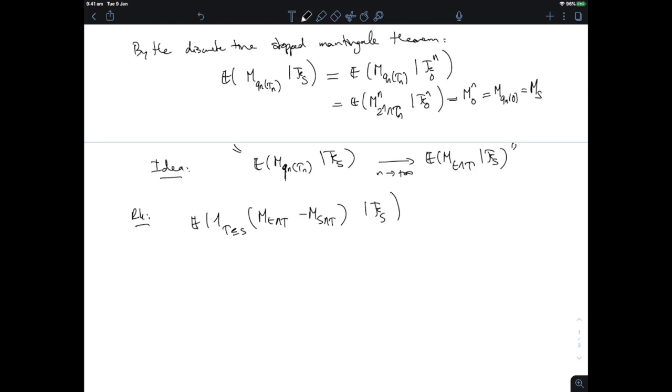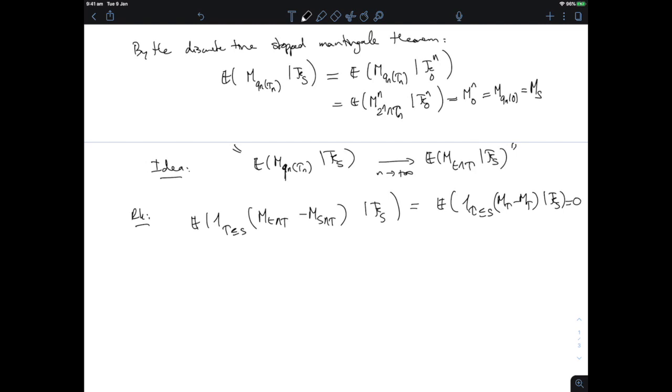Well, if tau is below s, it's also below t, so both of these minimums are actually attained at tau. So what I have here is the expectation, when tau is smaller than s, of m of tau minus m of tau given F_s. So that has to be 0. So there's really nothing to do when tau is smaller than s.